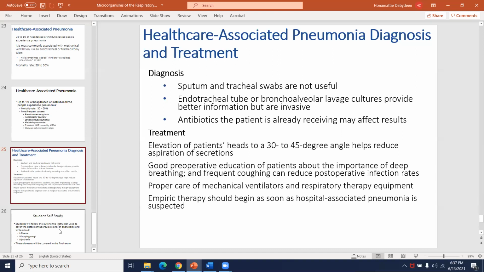Now the treatment, obviously antibiotics. A lot of people are already on antibiotic treatment, but to alleviate some of the symptoms of the disease and to make sure that the patients are not reinfecting themselves, what they call aspiration pneumonia, they claim that you should elevate the patient's head to about a 45-degree angle.